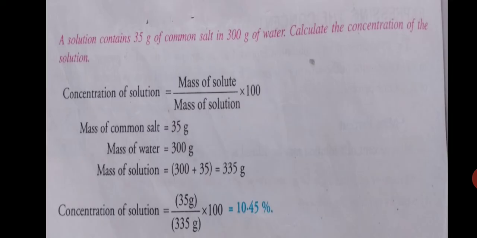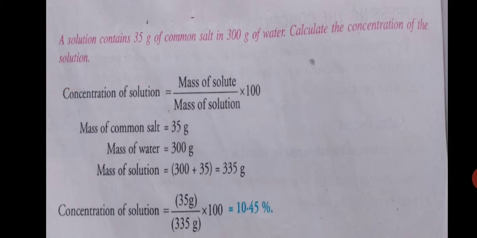Okay, the first question. All of you read the question along with me. A solution contains 35 gram of common salt in 300 gram of water. Calculate the concentration of the solution.